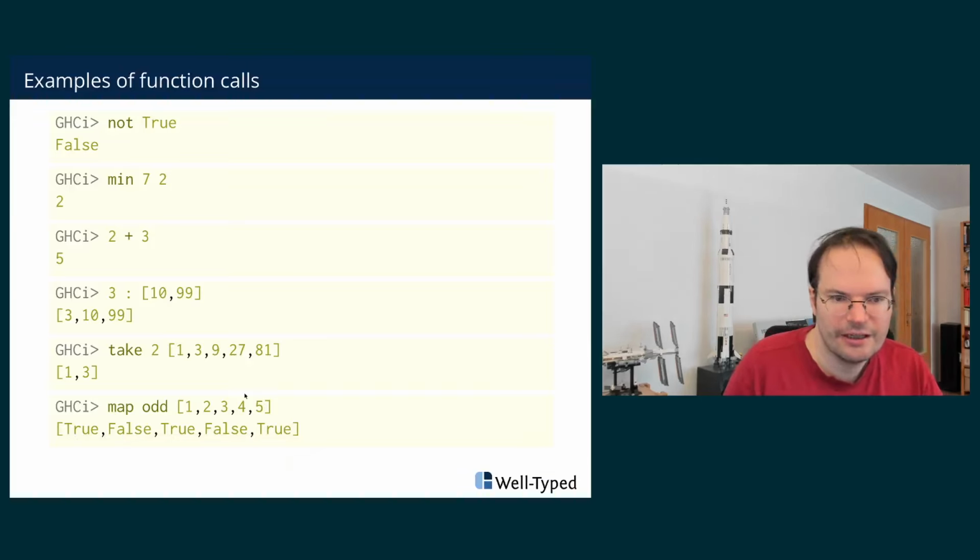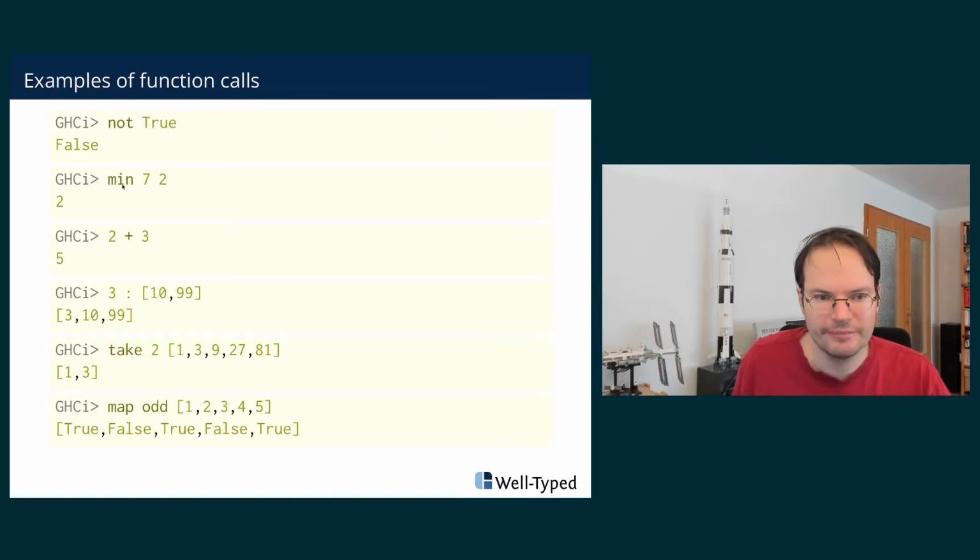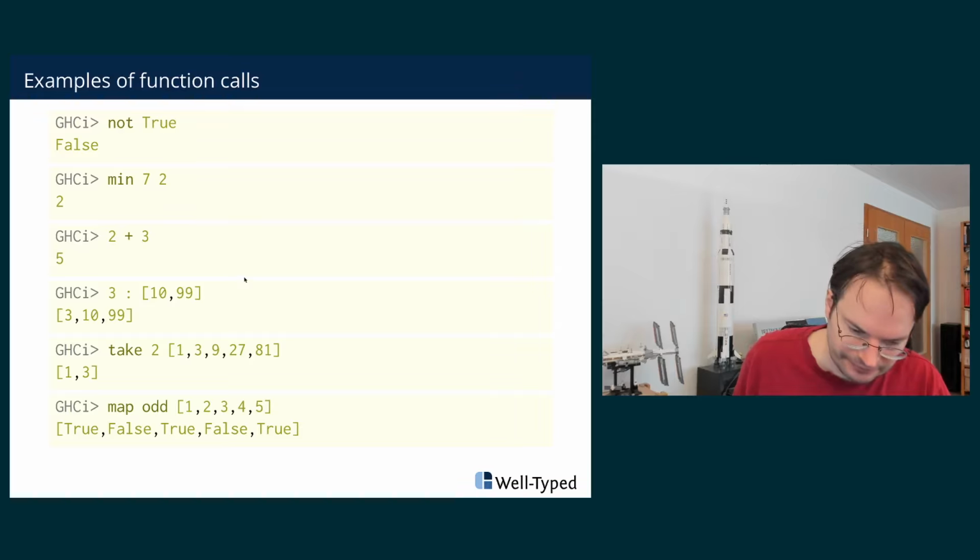Now in Haskell there are functions that have alphanumeric names, such as not and min, but there are also functions that have symbolic names, and they're called operators. But as I just said, they're also just functions in the sense that they can be defined in libraries and you can define them yourself.